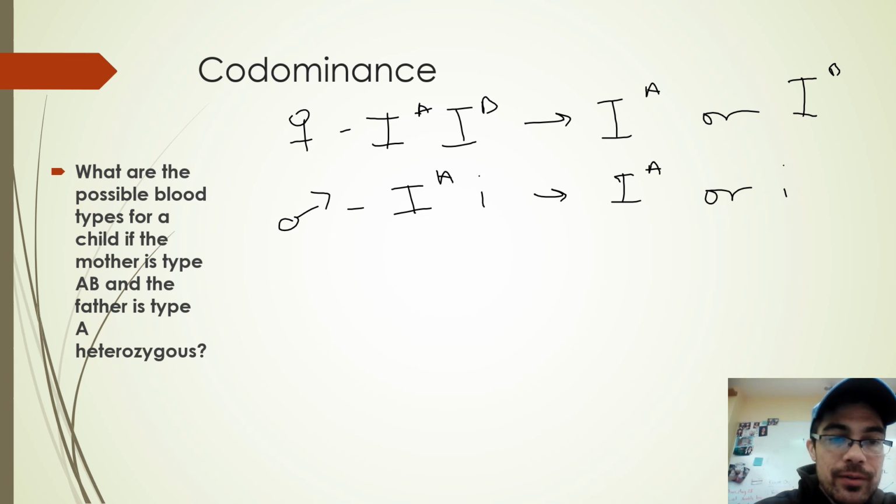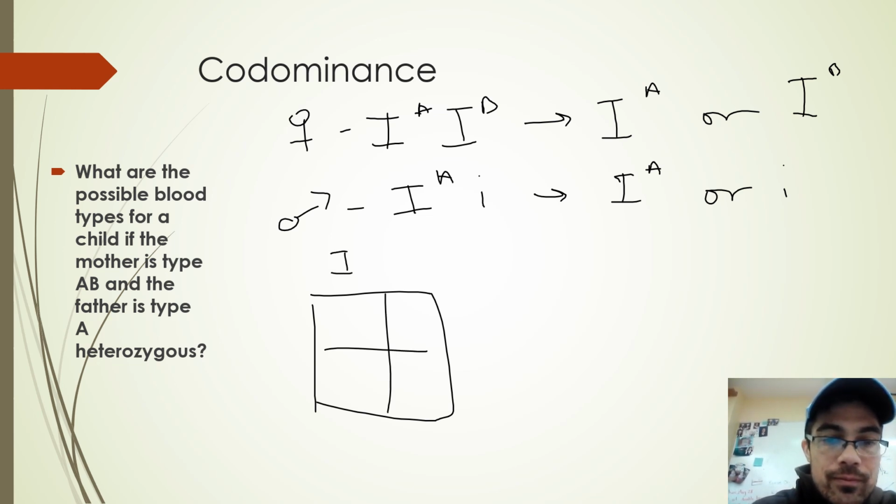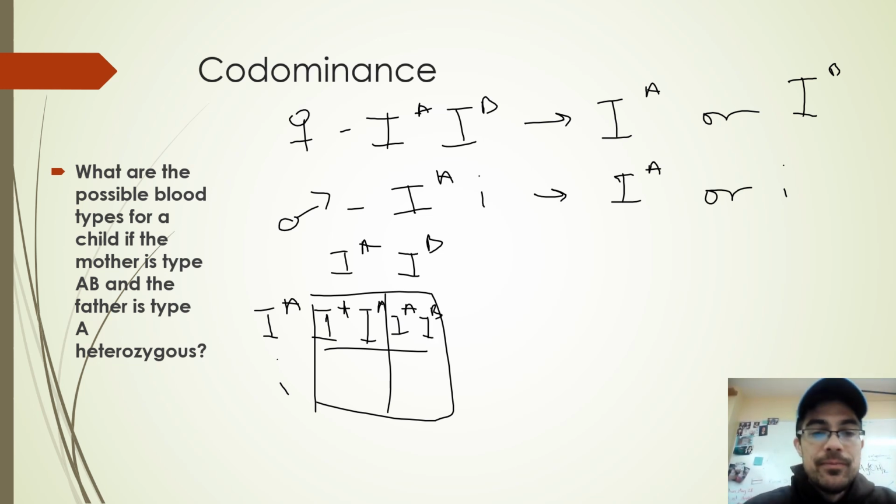So in terms of the children, or child that they have, we'll do a quick Punnett square. Doesn't matter which one goes on top and which is on the side. You'll get the same results anyways. So this would be a homozygous A. We could also have a child that is AB. Then we have another A type. And then we have a B type.